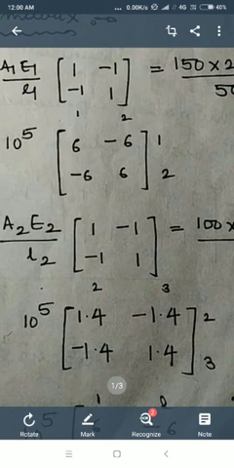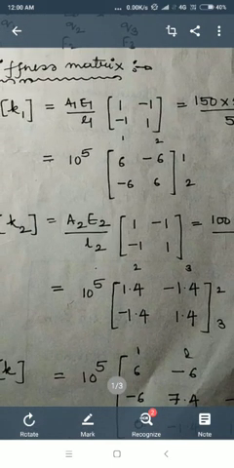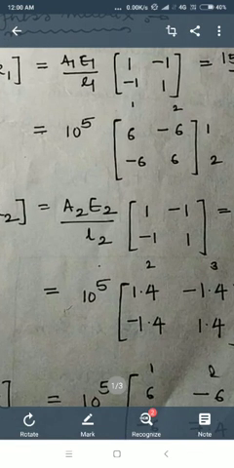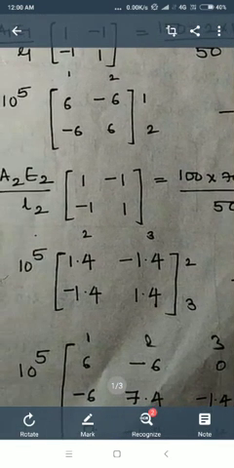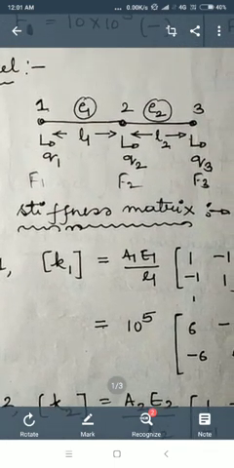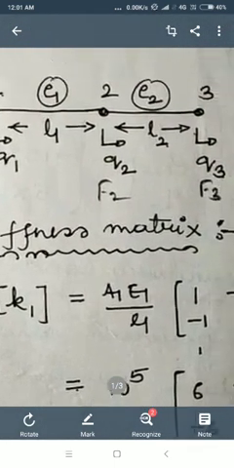The remaining value is 1.4, that I have multiplied inside. So K2 is 10 to the power of 5, 1.4 minus 1.4, minus 1.4 1.4. Here I have written row and column numbers as 2 and 3, because for element number 2 the node numbers are 2 and 3.